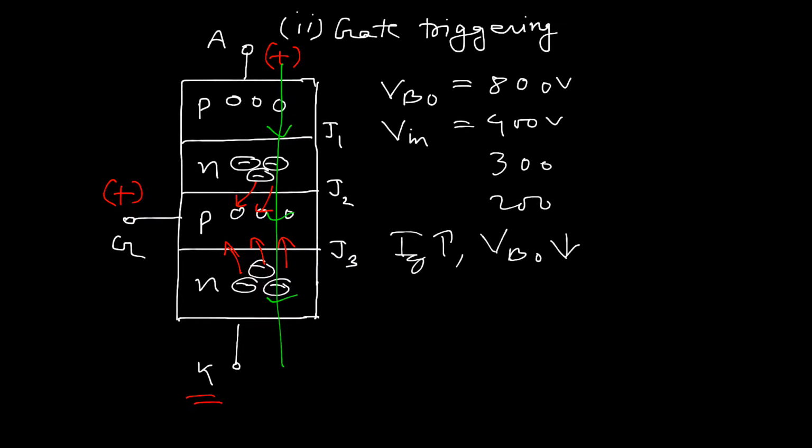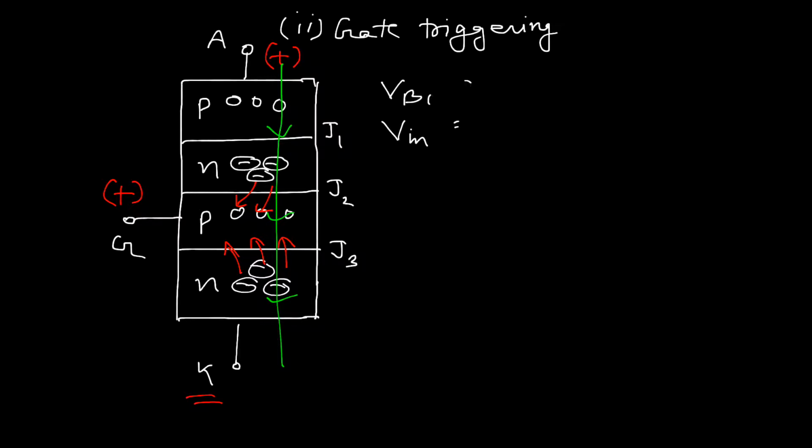Similarly, it can be reflected on the VI characteristics also. So let me discuss it. First, erase the part. So now we can understand how it gives an effect on the VI characteristics.